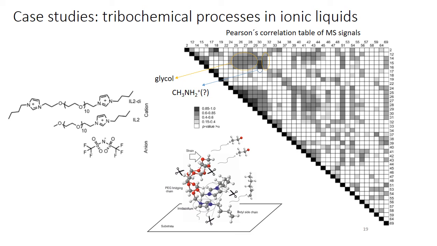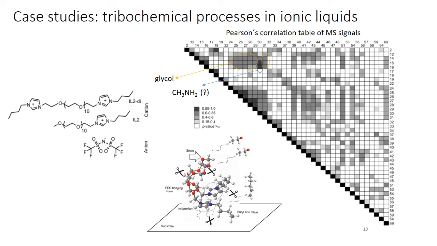These types of reactions have not been reported so far, and it is very interesting to observe that there is probably some chemical reactivity between the products of cation and anion tribochemical decomposition.